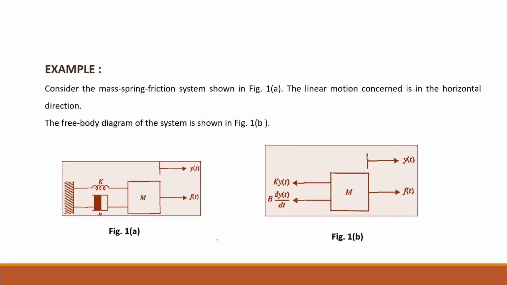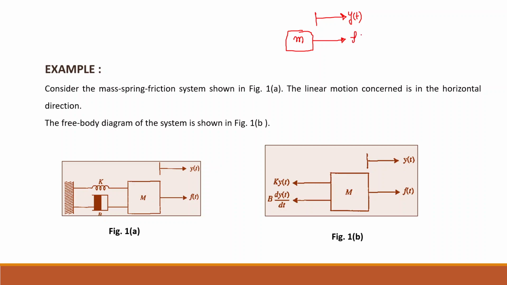So now we can consider an example of a mass spring damper or mass free friction system, and we can do the free body diagram of this body. So here is my body, mass m. This is the direction of its movement, yt.